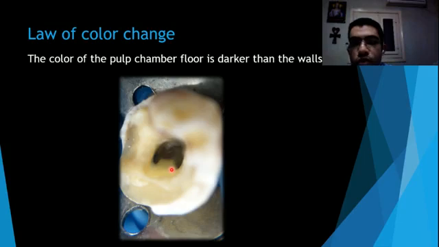So when you drop into the bulb chamber, as we said in the steps, when you drop with your round diamond bur or carbide bur, you start to see this dark color. So you start to be sure that you are in the right way, that you are dropping into the bulb chamber when you see this color change.